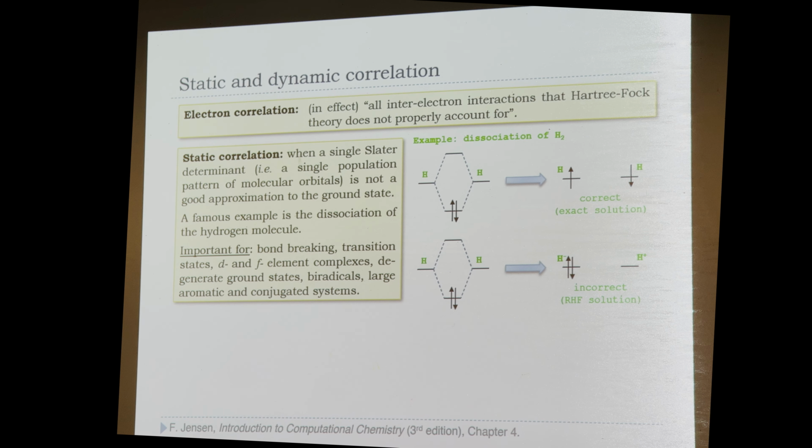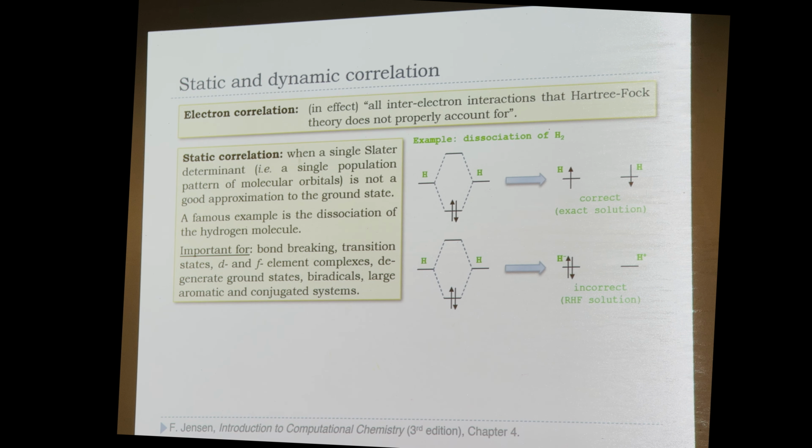Static correlation is extremely important if you are breaking bonds and creating transition states. So imagine a situation when we are doing a restricted Hartree-Fock calculation. We start with a hydrogen molecule, so 2 hydrogen atoms, one s bonding orbital with 2 electrons in it.